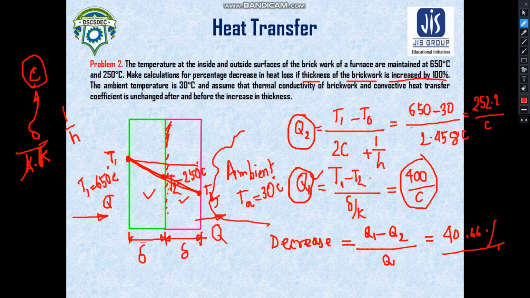Okay, so this was a combined conduction and convection problem.